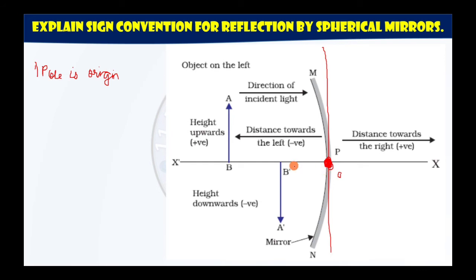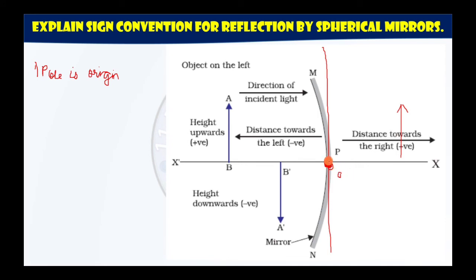Second, all the distances will be measured from the pole. For example, here is the object, and if you want to measure the distance between this object and the pole, you will always measure from this side to this side. Suppose you are having an object over here. You will not start measuring from here.